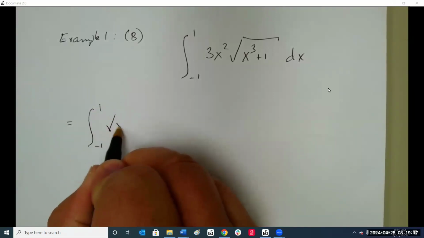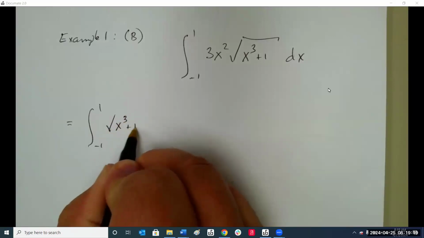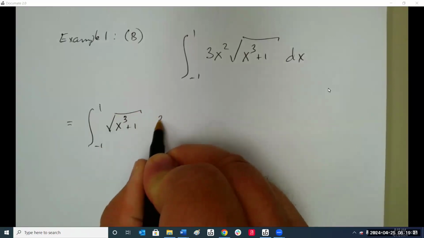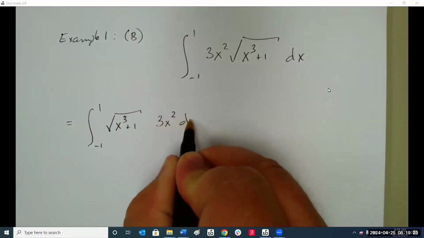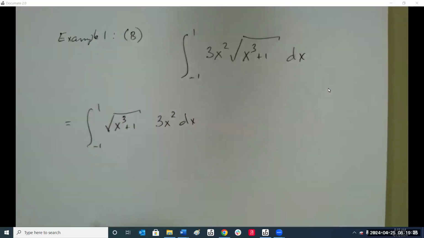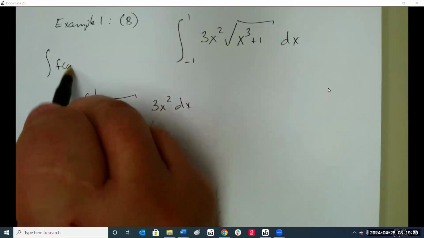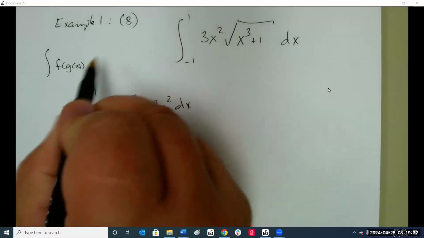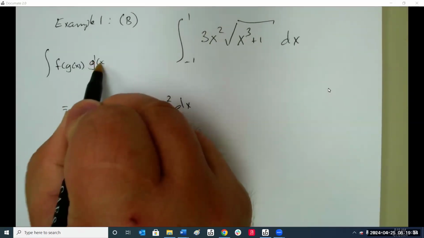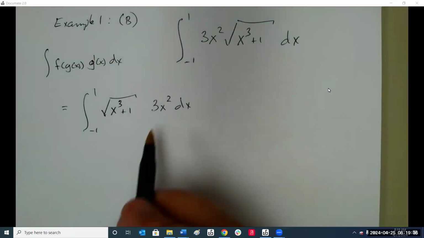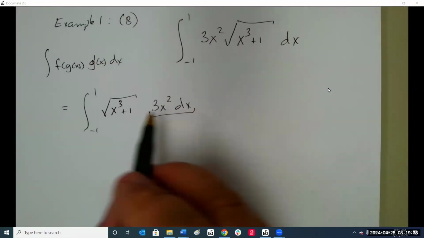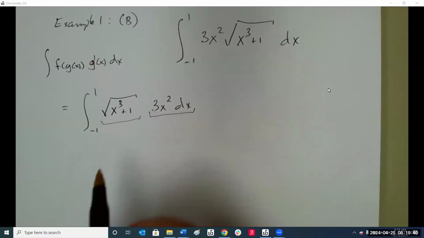We can rewrite this, move things around so it's easier for us to see, that we have f of g of x, g prime of x dx. There's g prime of x. This is f of g of x.